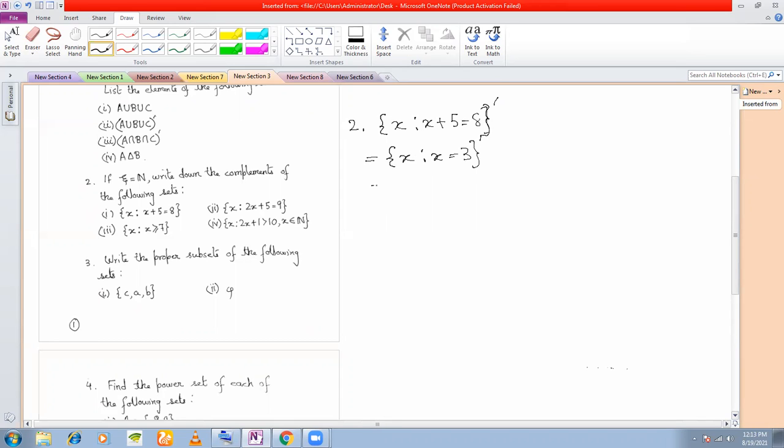That means this set is the singleton set {3}. Now what is the complement of {3}? The universal set is the set of natural numbers. That means the complement is {x such that x not equal to 3, x belongs to the set of natural numbers}. Is this clear?